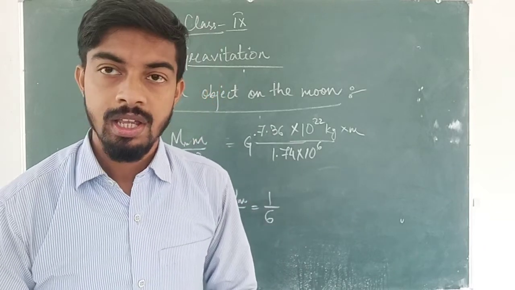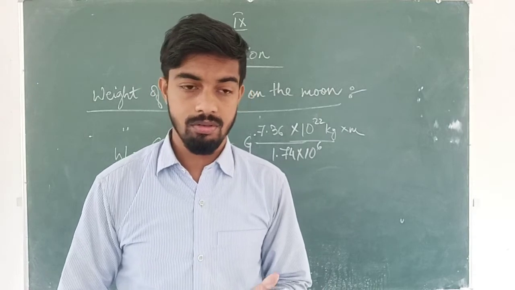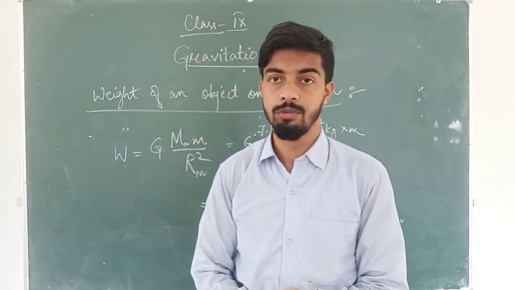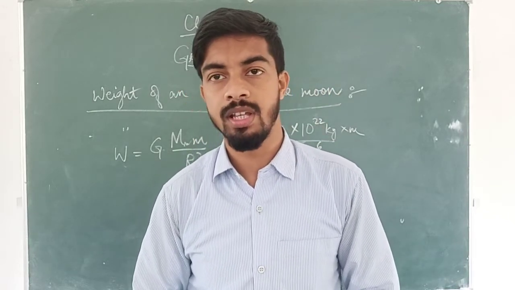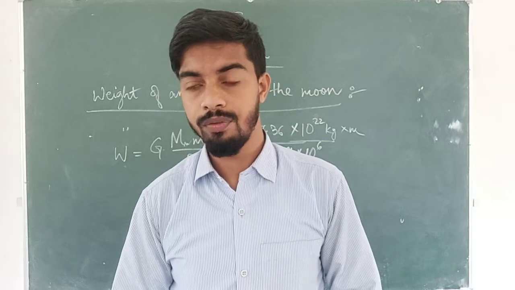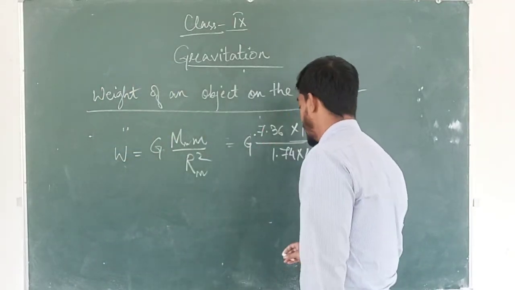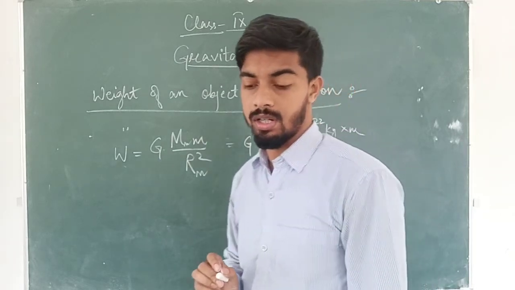So the acceleration due to gravity on the moon, the small g value, will be 6 times smaller than the earth, and so the weight of an object on the moon will come as 6 times less than our earth.